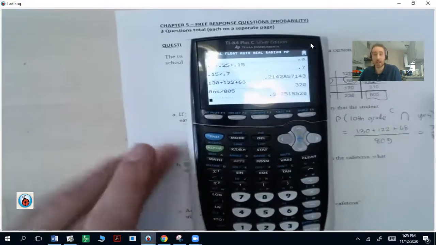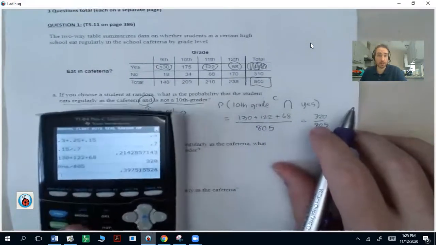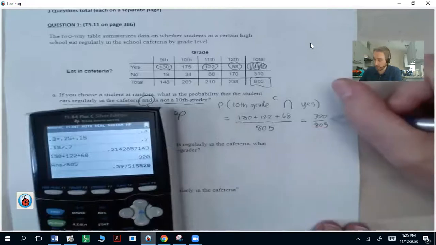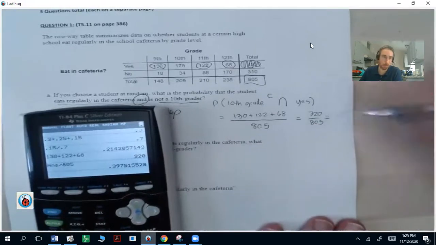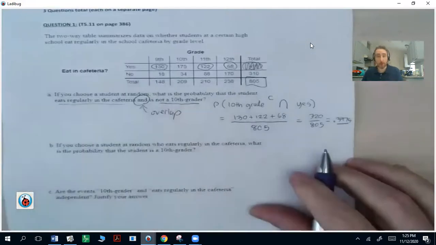It's perfectly acceptable to leave your answer as a fraction. You're not asked to round or put a decimal in there, but typically, if we're going to round the decimals, we do a percentage or a decimal, so about 0.3975. So we want to summarize in a free response question.